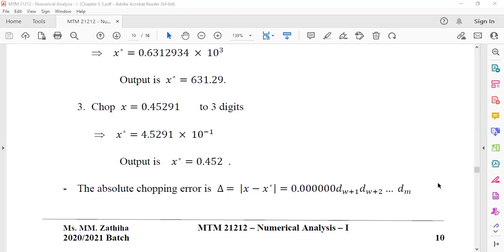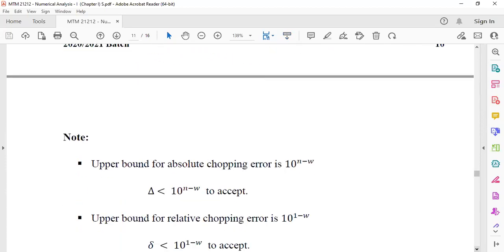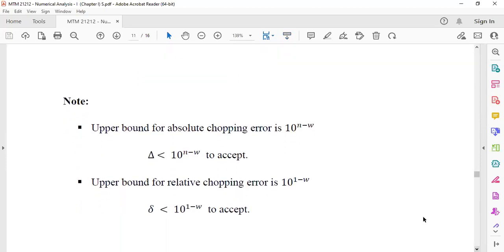Okay, let's move to the next thing. There are 2 notes there. What it says is upper bound. Upper bound means the maximum error can be.